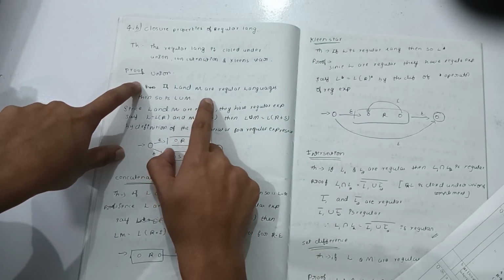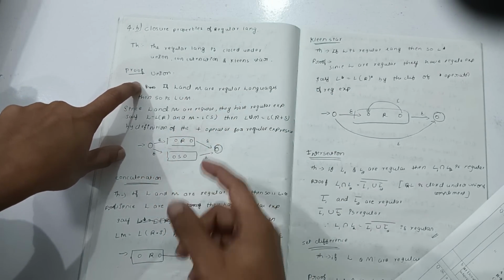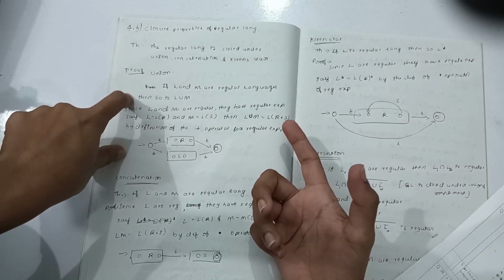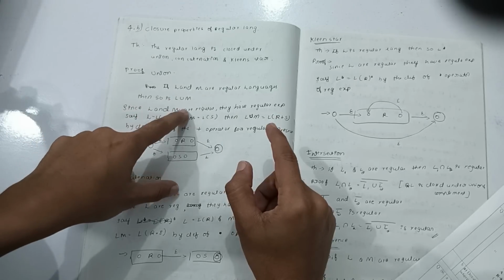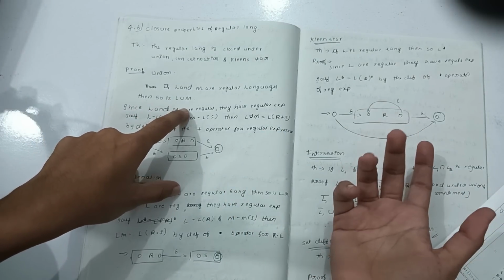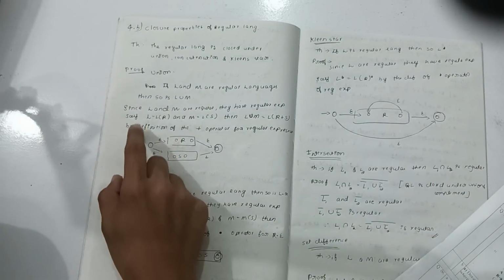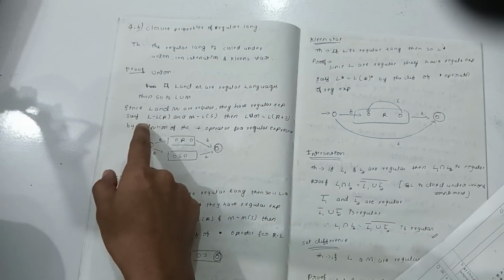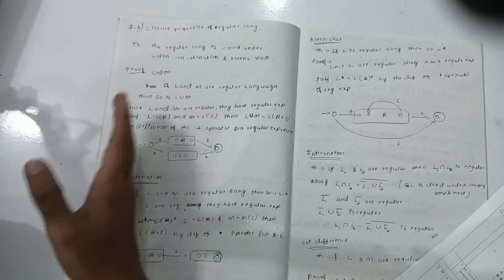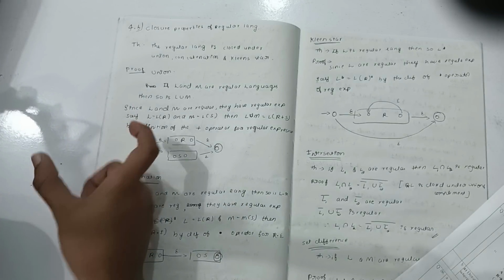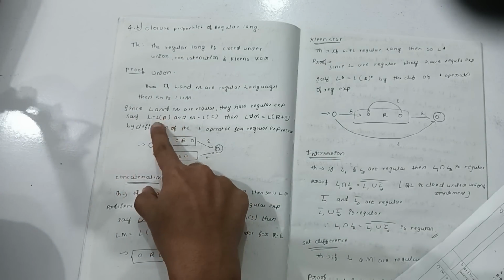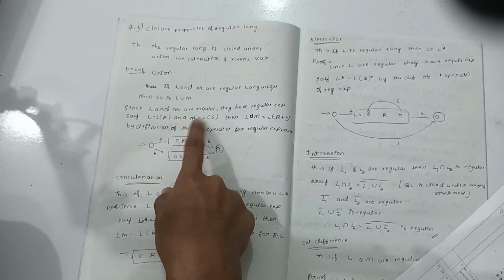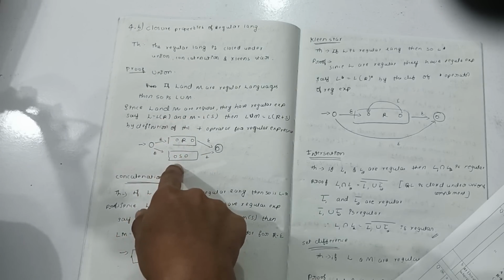If L and M are regular languages, then their union is also a regular language. Since L and M are regular, they have regular expressions, say L equal to L(R) and M equal to L(S).